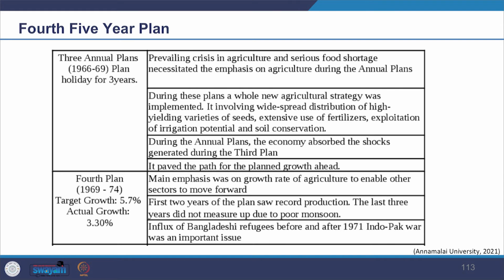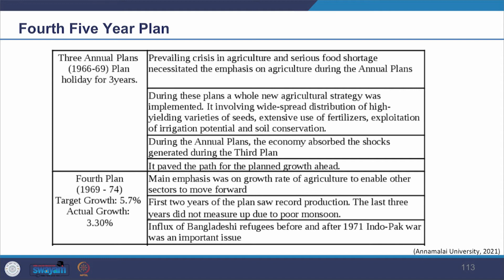Moving on in the timeline, we see that due to the failure of the third five-year plan, the Government of India did not implement the fourth five-year plan. The period from 1966 to 1969 was known as the plan holiday period. During this period, the annual plans were implemented, which emphasized irrigation and agriculture sector due to agricultural crisis and food shortage.